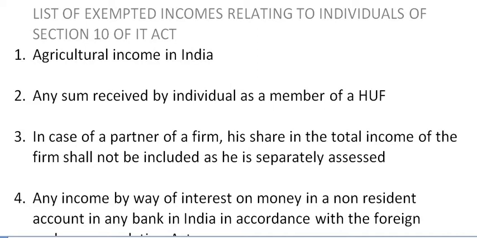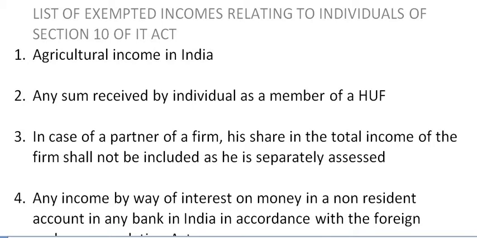In today's class, I am going to provide you the list of exempted incomes that are related to individuals, and henceforth, when you come across such incomes, you understand that these are exempted incomes which are to be taken under the third kind of income, and the amounts are not to be considered while computing gross total income of an individual. So let us see the list of exempted incomes related to individuals under section 10 of the Income Tax Act.